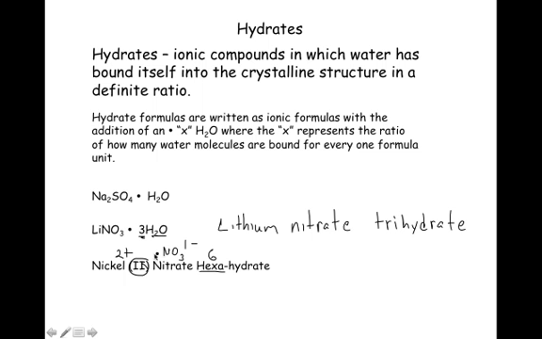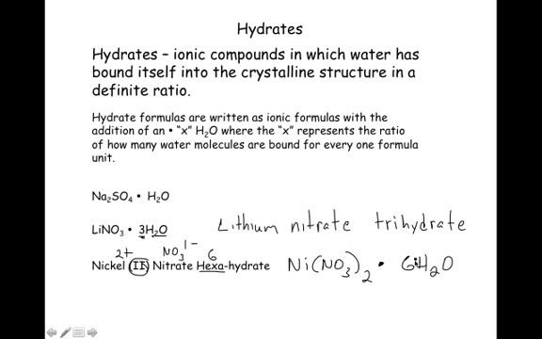So when you crisscross your 1 and your 2, you're going to get Ni1, and then we'll have nitrate, and we have 2 of those. And then hexahydrate, we need to connect it with the bullet point, if you will, 6H2O. So that's nickel 2 nitrate hexahydrate.